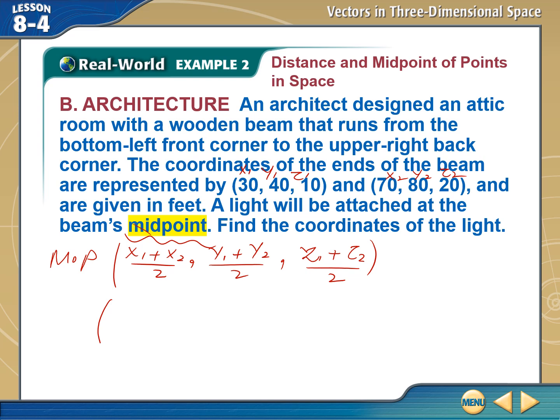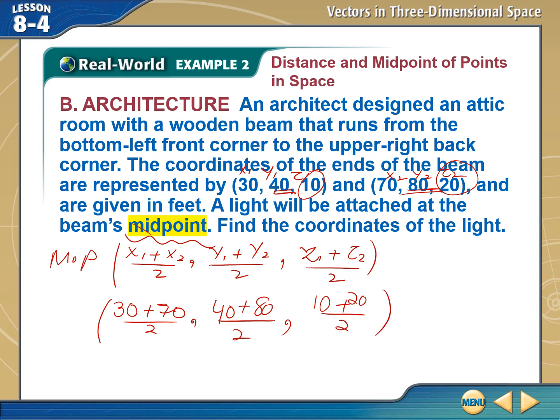So what is x1? It's 30 plus x2 is 70 divided by 2. So our y1 is 40 over here and our y2 is 80 divided by 2. Now our z1 is 10 plus z2 is 20 divided by 2.